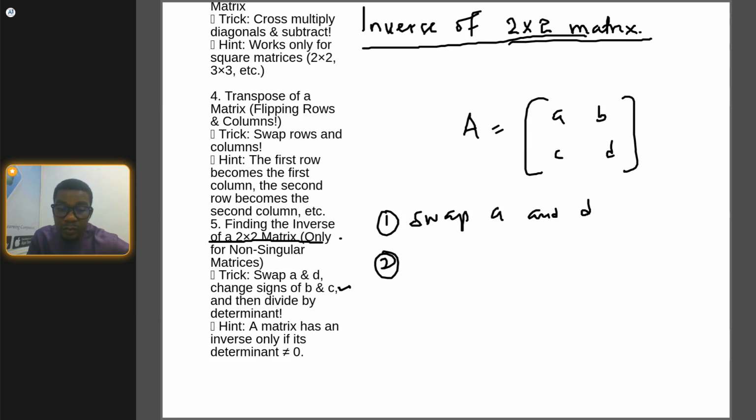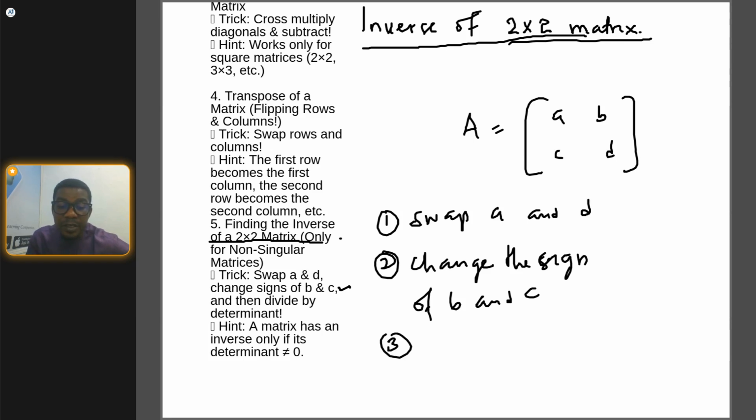Step 2, change the sign of B and C. The next step is obtain the determinant.